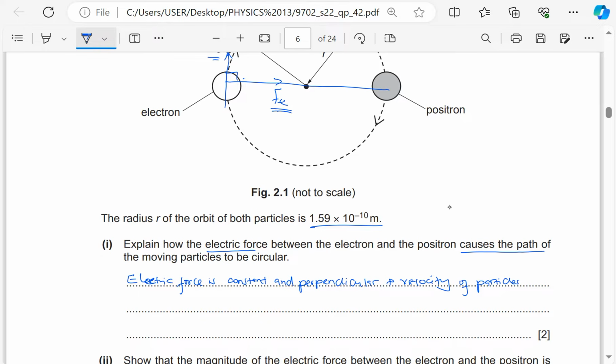Because it is constant and perpendicular to the velocity of the particles, the electric force does not change the speed of the particles, but instead provides or causes centripetal acceleration.